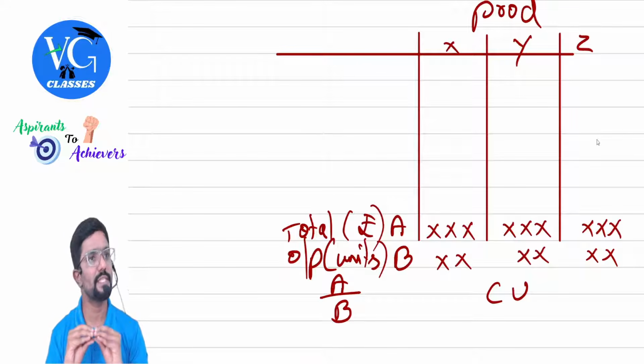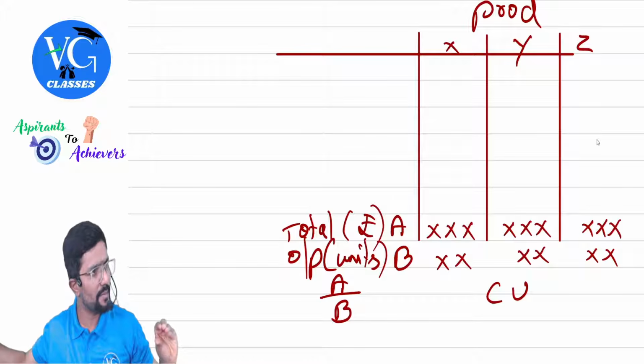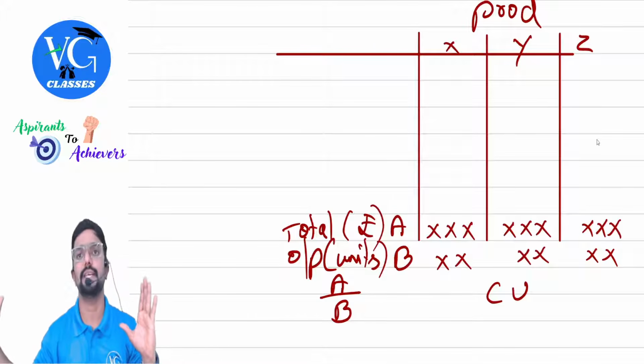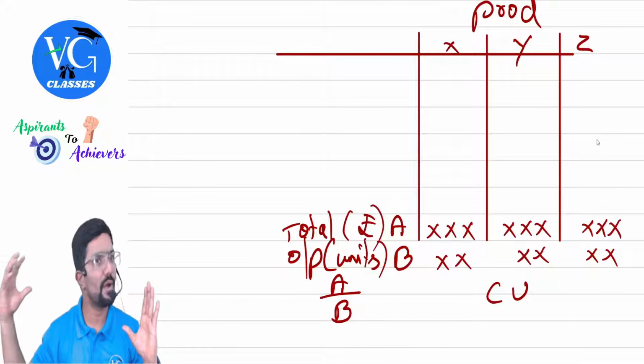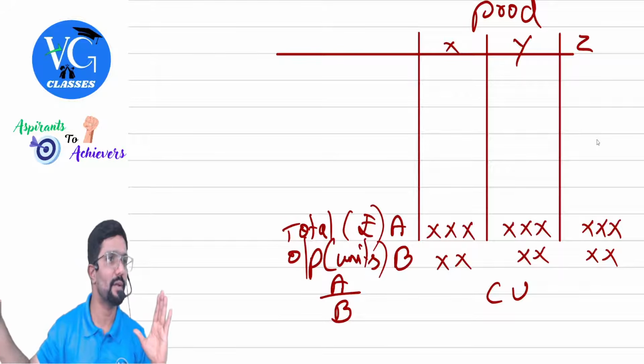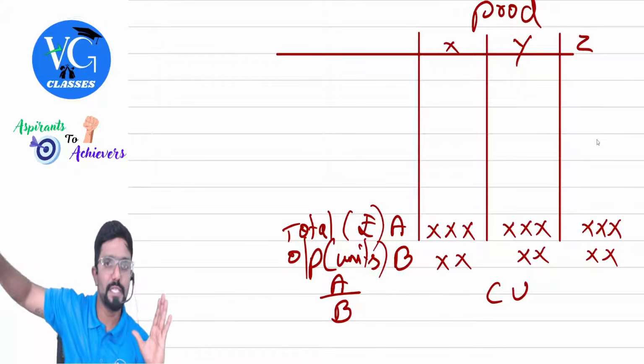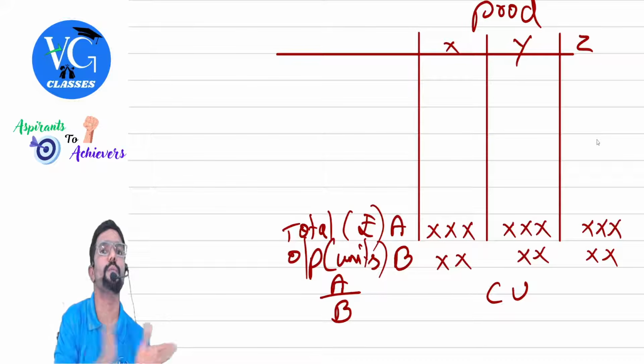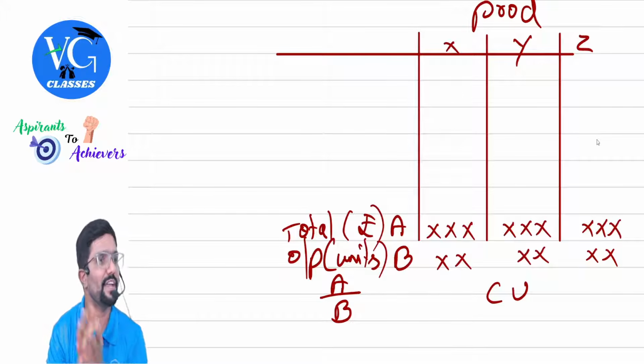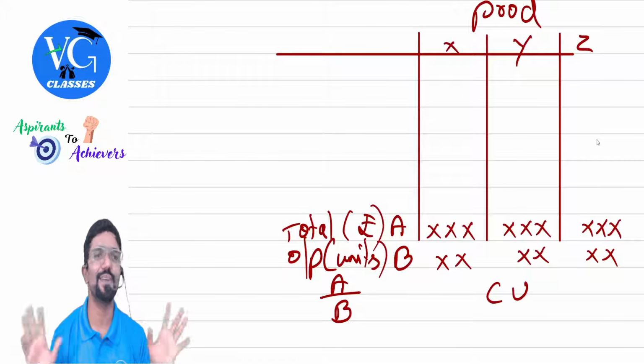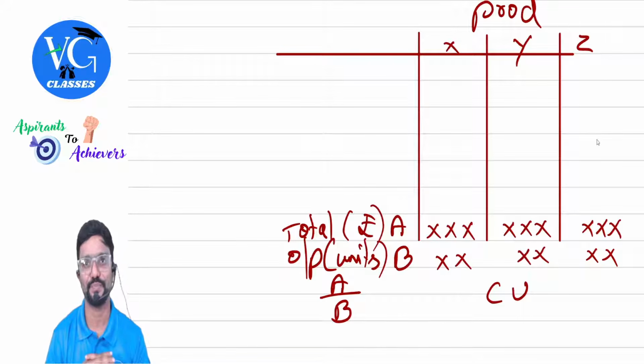At the end of primary distribution, you will get the cost for all the departments, production as well as service. Now, as we have not produced anything in the service department, what should we do? We need to redistribute the service department cost to production department. Because if I keep the cost in the service department only, I have not produced anything there, I will not be able to calculate cost.